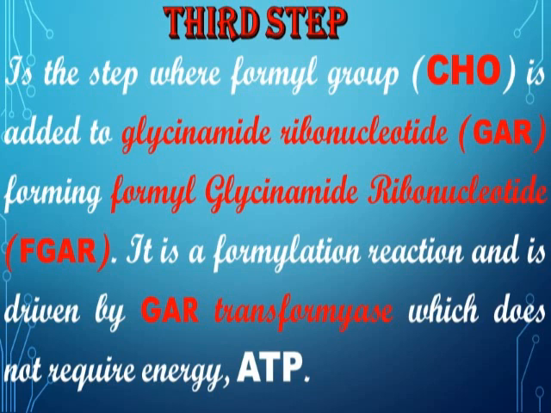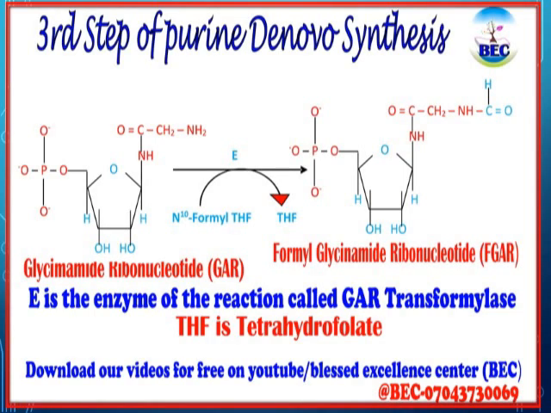It is a formylation reaction and is driven by GAR transformylase, which does not require what? ATP. I told you in our previous video about some terminologies associated with purine de novo synthesis, and one of them is formylation reaction. And I said that formylation reaction is a type of reaction that involves the addition of a formyl group, that is an aldehyde group, to a substance.